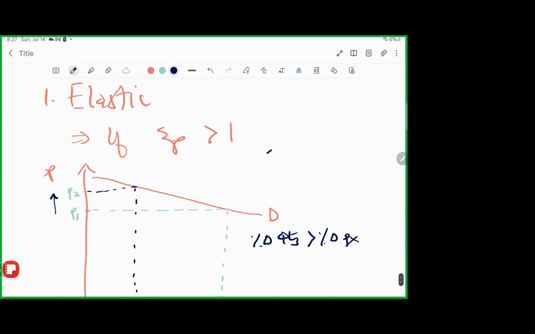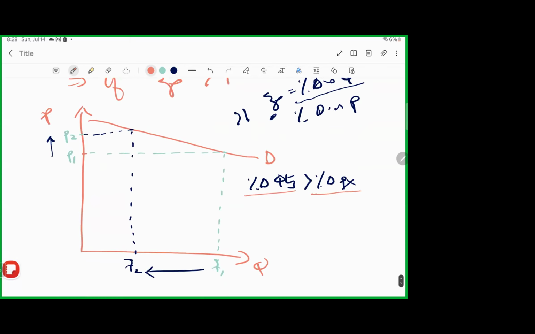And because price elasticity is estimated as the percentage change in quantity all over percentage change in price, for this to be greater than 1, the numerator, the one above the division, should be greater than the one below. So for demand to be elastic, the percentage change in quantity demanded would be more than the percentage change in price, which means that if you increase price by 1%, quantity demanded will fall by more than 1%.